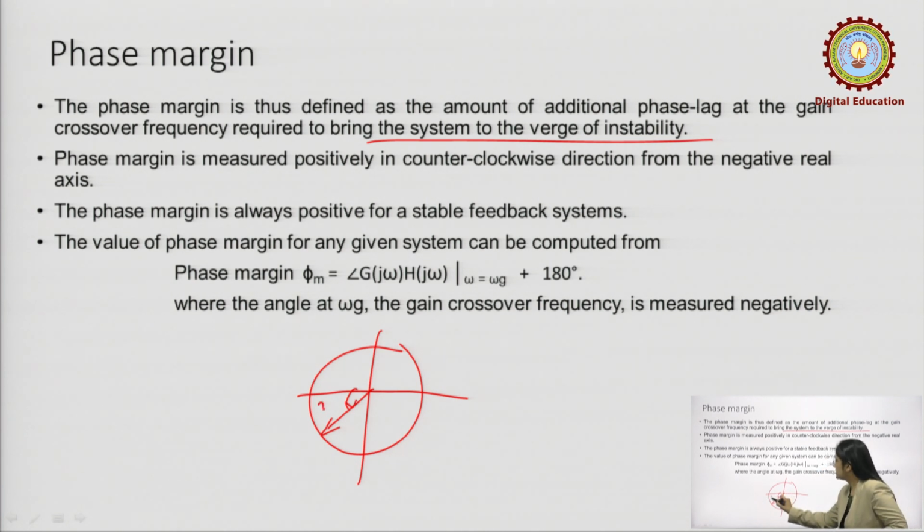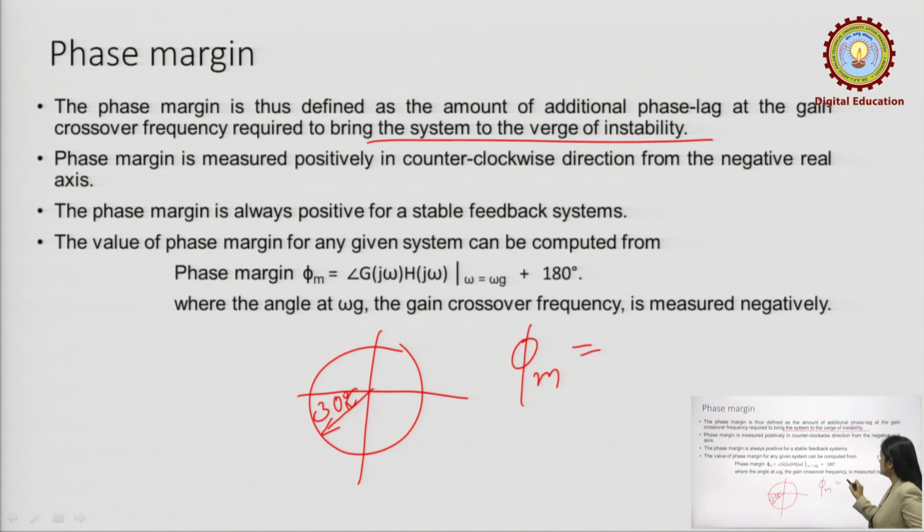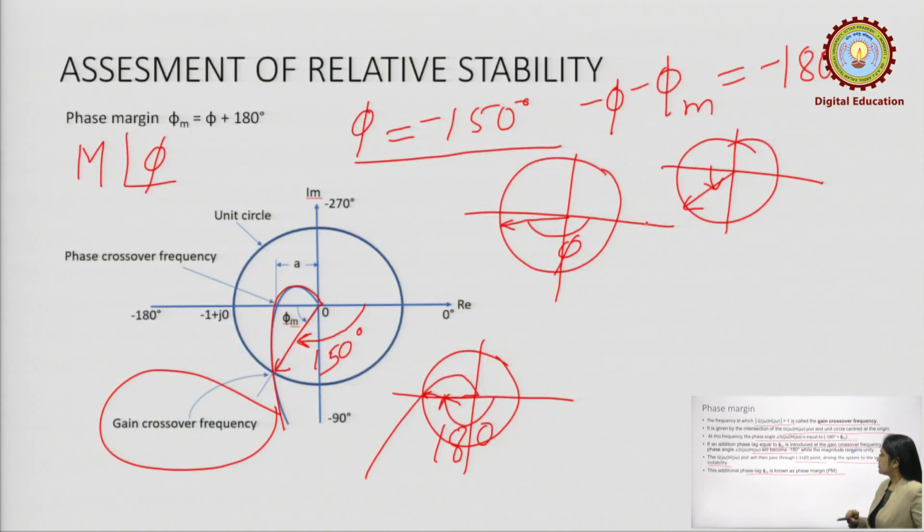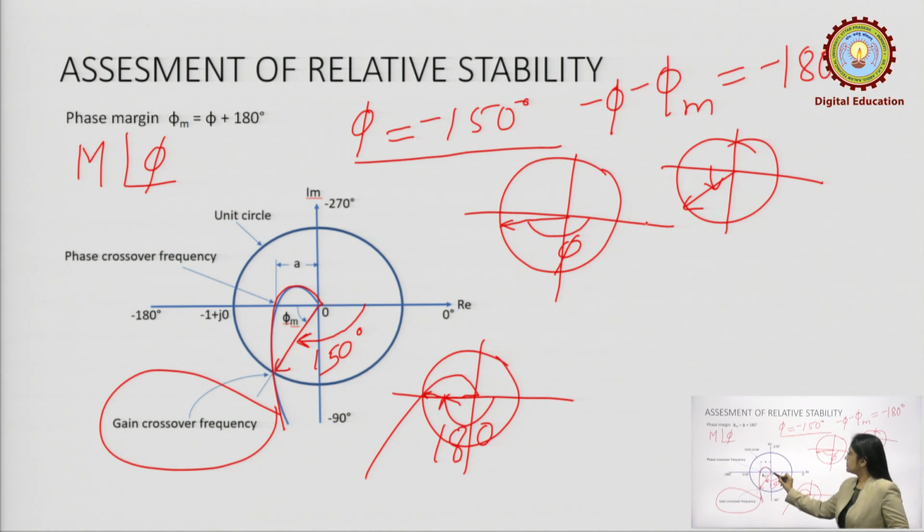If this value is 30 degrees, that means phi m is 30 degrees here, because we are measuring from here to here. The phase margin is always positive for a stable feedback system. So, that is what we have mentioned here. The phase margin is maximum till minus 180 degrees.